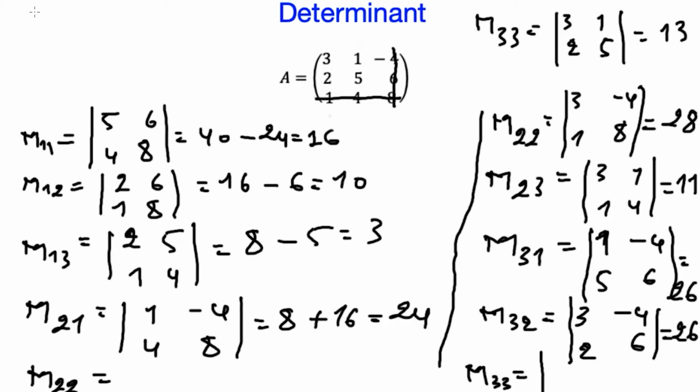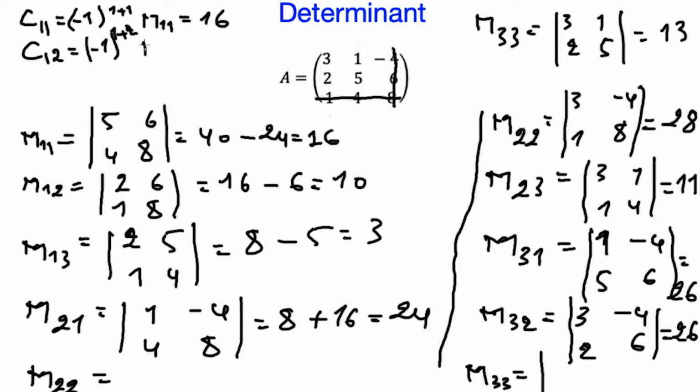And to get the cofactors, we'll start with C11, which equals minus 1 to the power 1 plus 1, times M11. So minus 1 squared is 1, M11 is 16, so it is 16. And C12, which is minus 1 to the power 1 plus 2, which is 3, times M12, so minus 1 times M12, and M12 is 10, so minus 10.